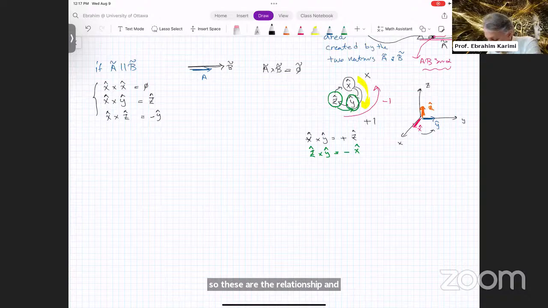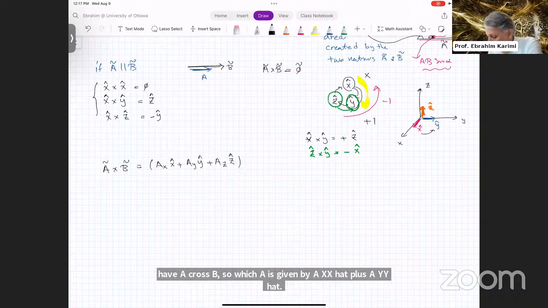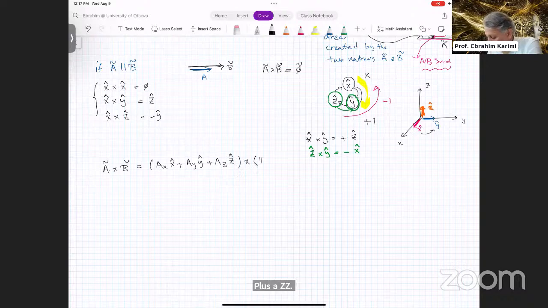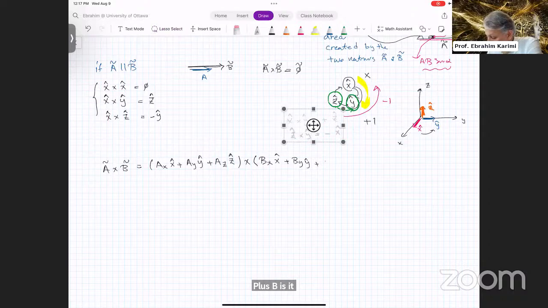And now let's use these relationships and do the algebraic approach. So you have A cross B, where A is given by AX X hat plus AY Y hat plus AZ Z hat. And now you do the cross product with BX X hat plus BY Y hat plus BZ Z hat.